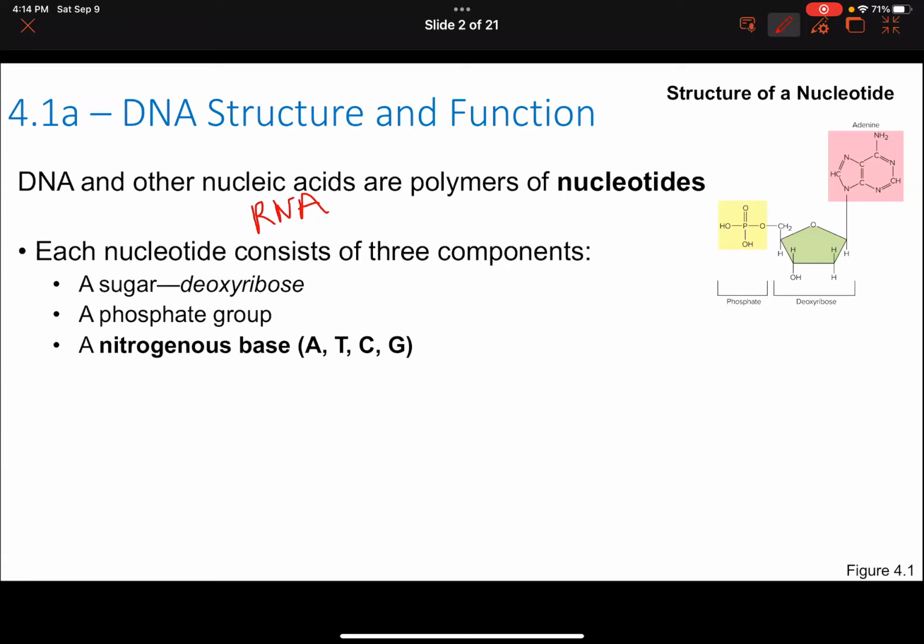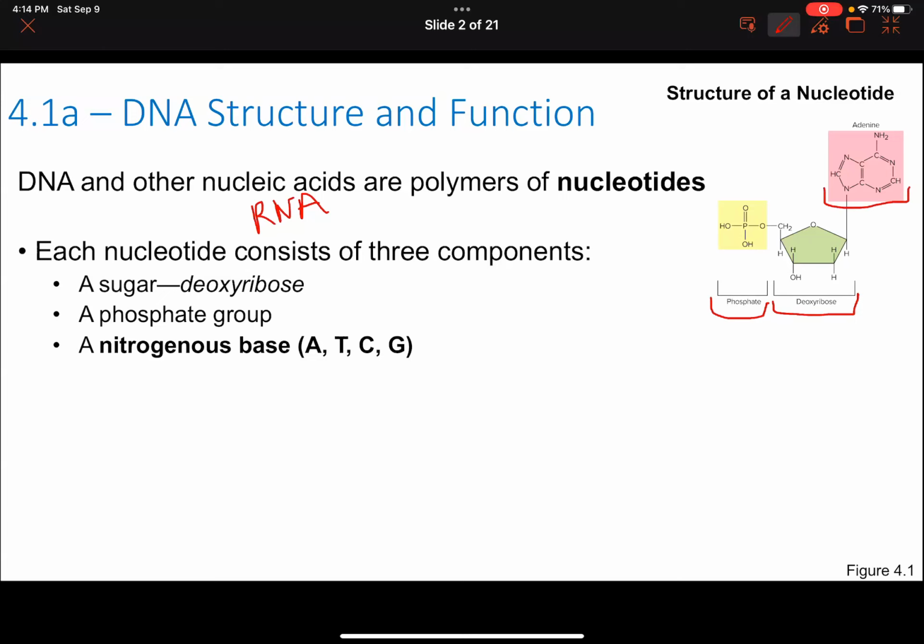And so each nucleotide contains a sugar, either deoxyribose in the instance of DNA, ribose in the instance of ribonucleic acid or RNA, a phosphate group, and then the sugar is going to be attached to a nitrogenous base.